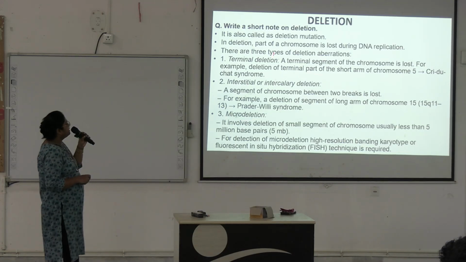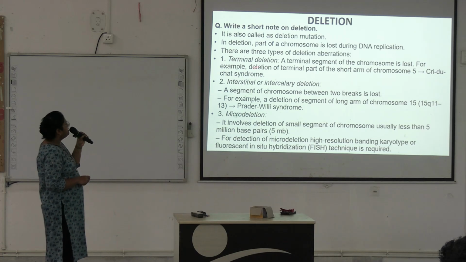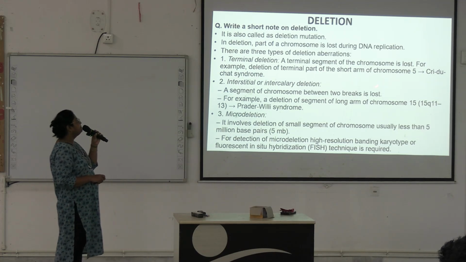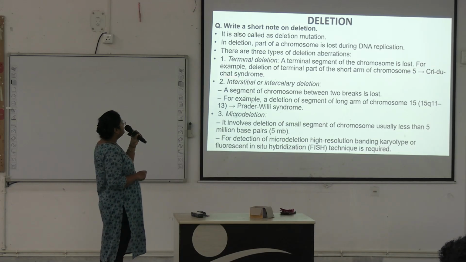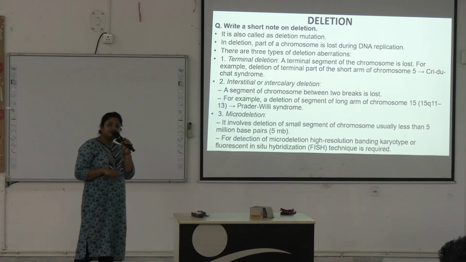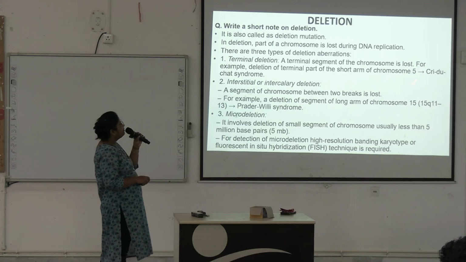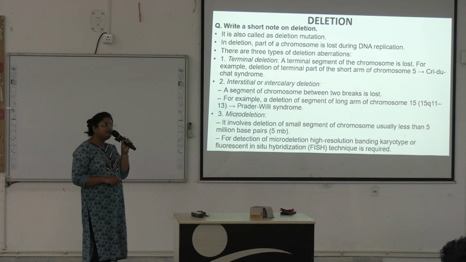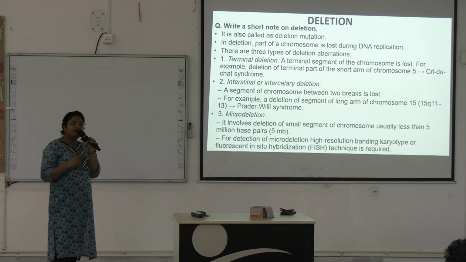Terminal deletion: a terminal segment of the chromosome is lost. For example, deletion of the terminal part of the short arm of chromosome 5 leads to Cri-du-chat syndrome. This is one important syndrome. Deletion of the short arm of chromosome 5, you must remember this. These syndromes are important for your MCQs and viva also.